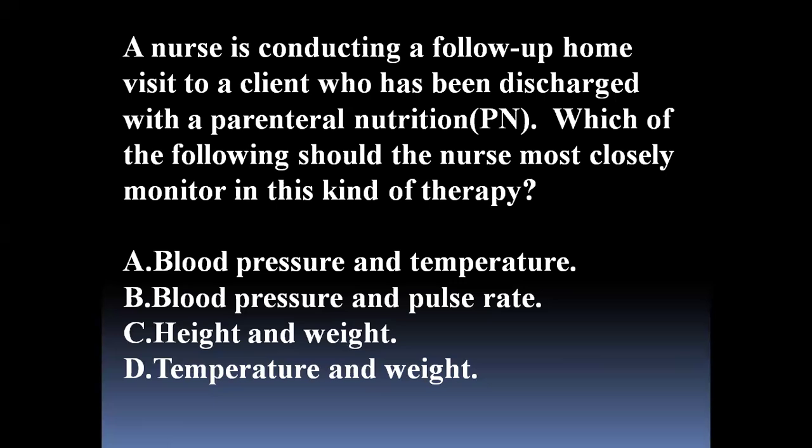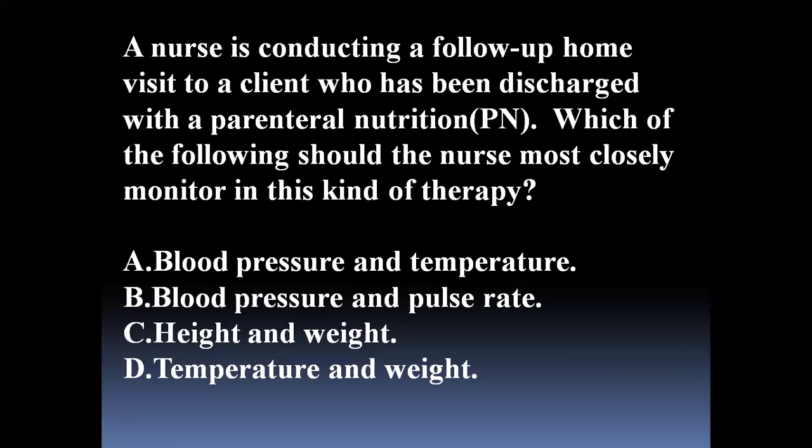Okay, got the point? Because it is a follow-up, the patient is not on TPN, not on parenteral nutrition. It will be finished already. Now they have come back home. Now you're checking for any complication. Okay, so fix that in your mind and see the options. So blood pressure and temperature, or blood pressure and pulse rate, height and weight, or temperature and weight.